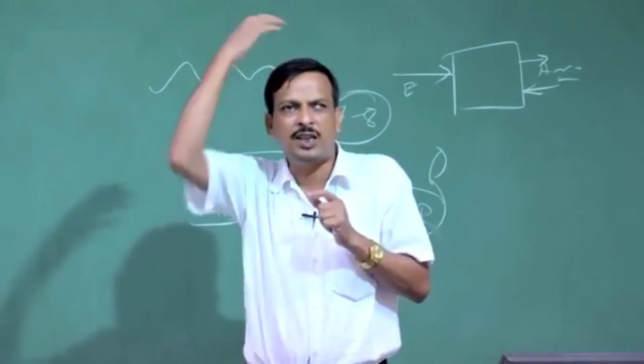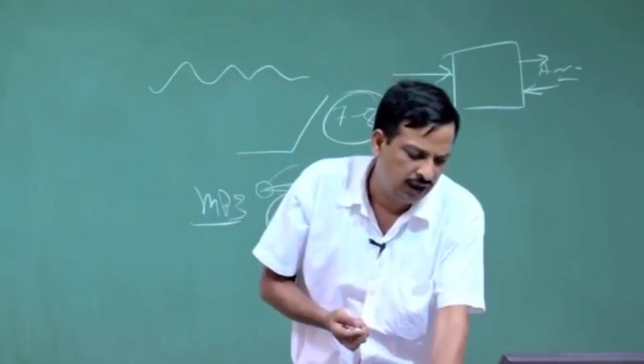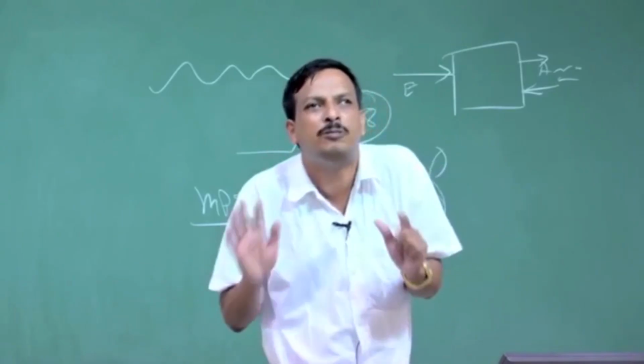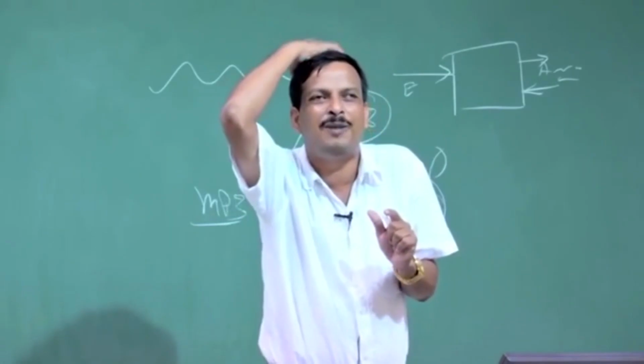So, message planning, then the linguistics part. If I explain this on a block diagram basis, message planning is the rule of grammar: what kind of word I should say, which is a verb. Unknowingly, without grammar, I can produce the speech. So grammar is not important to generate the message planning.